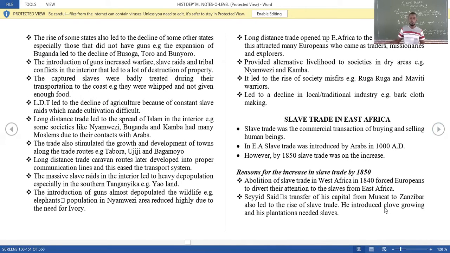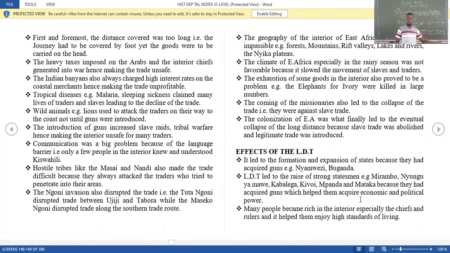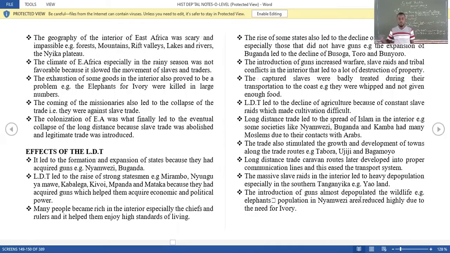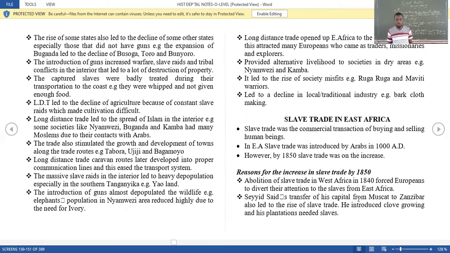That's when the Europeans started to come in big numbers. That's when their activities were diverted from West Africa and they started to come to East Africa. So that is our first point. We say it out and write it in: the abolition of slave trade in West Africa in 1840.